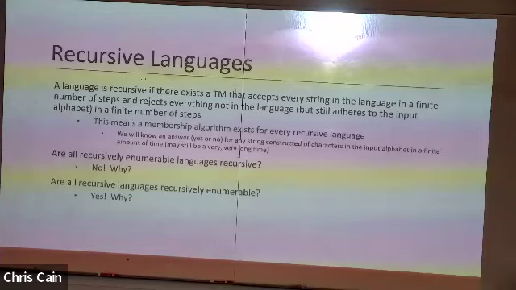Recursively enumerable is all languages where we can say yes, and it's undefined what happens when we say no. So if we're able to say no, that's part of that undefined behavior. We don't place a restriction on what happens when we say no. So recursive languages that always are able to say no is part of that undefined. We don't need to define that, even though we can define it, if that makes sense.